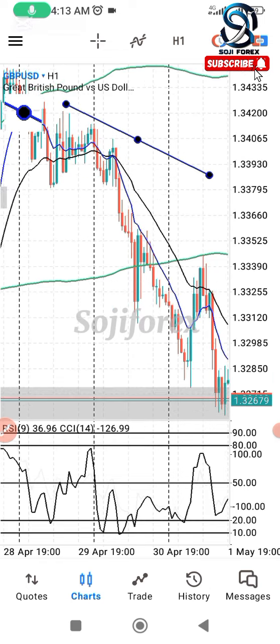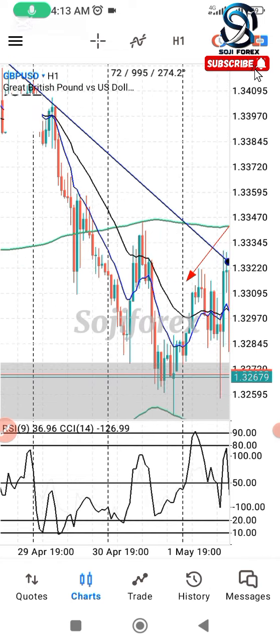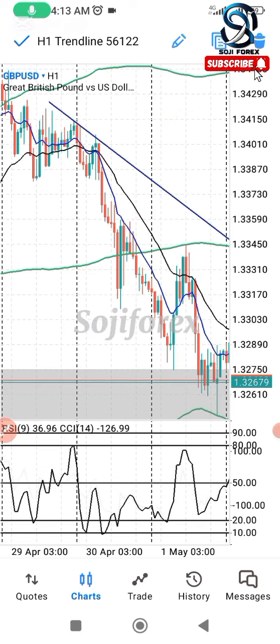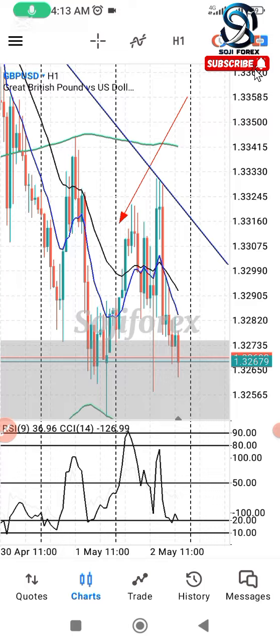You can see the price is moving towards the downside, and this is a typical downtrend scenario. So having established that we are in a downtrend, the next thing you need to do is to watch out for your divergence pattern.